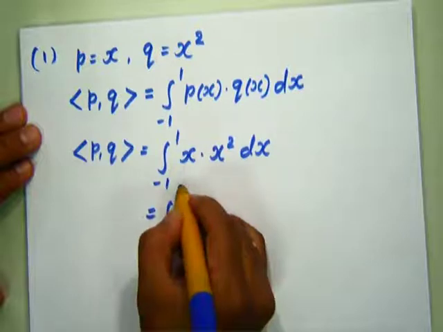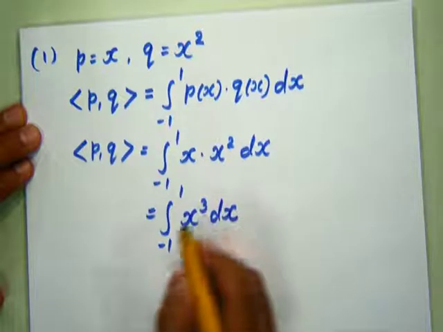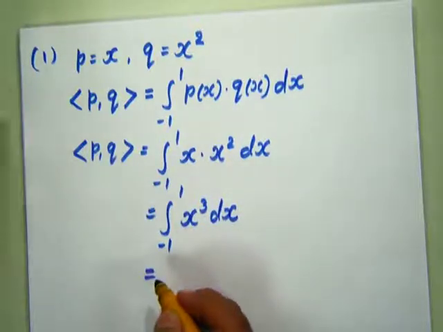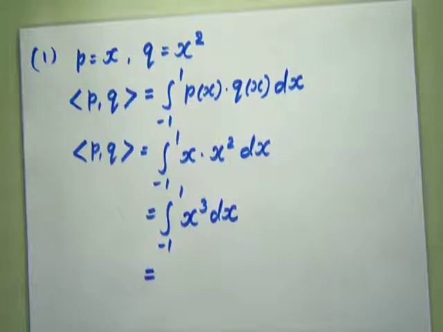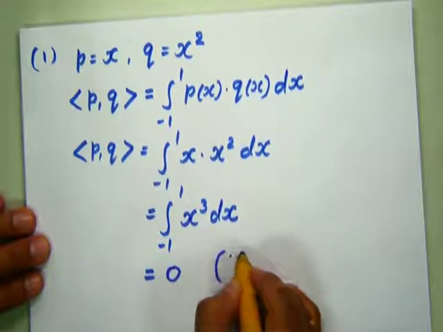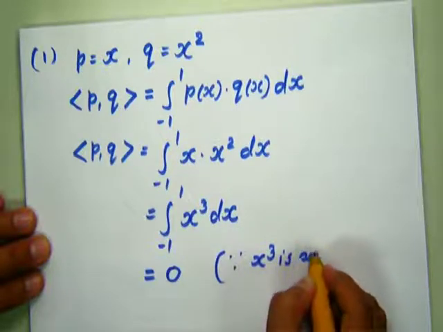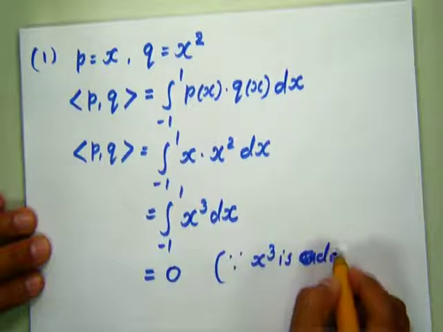So it is integral from minus 1 to 1, x into x square, it becomes x cube. And as we know that f of x equal to x cube is an odd function, and whenever you have integration from minus a to a of f of x dx and your function is an odd function, then value of the integral becomes 0. Using this property, we can directly write this value is 0 without calculating anything, because x cube is an odd function.